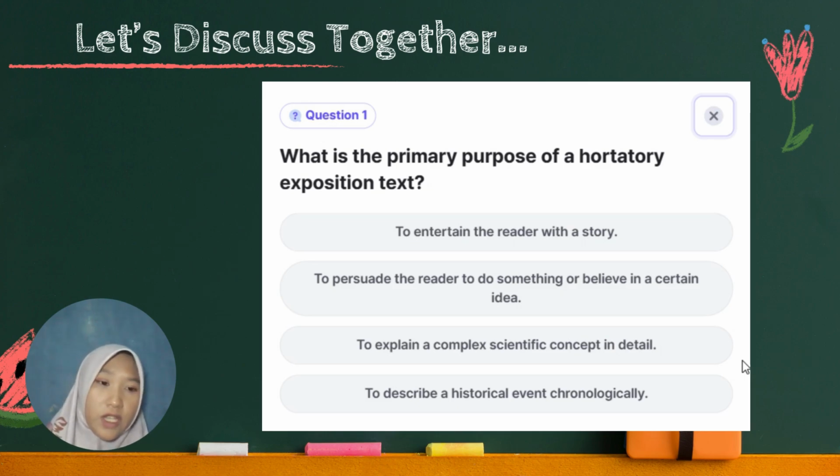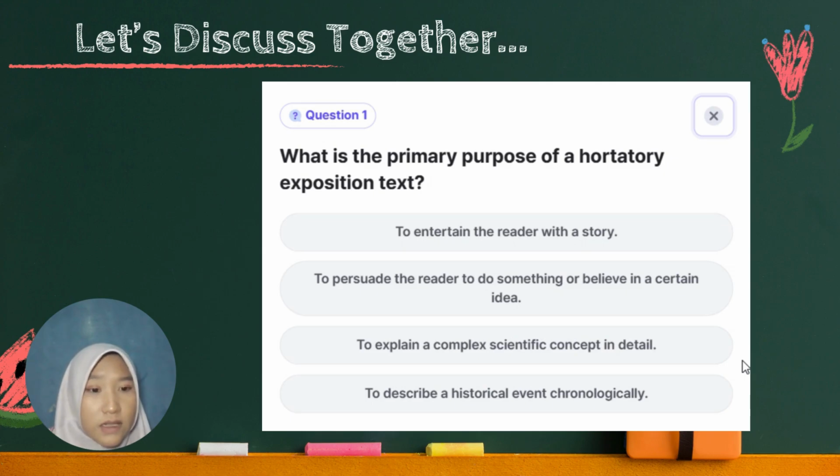And then for the third option, to explain a complex scientific concept in detail. This sounds like an explanation or report text, yeah? The content is about facts, not any persuasion to the readers to do or not to do something. So this is also incorrect.